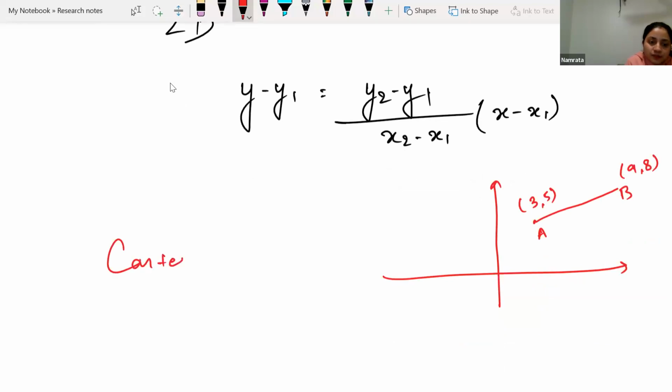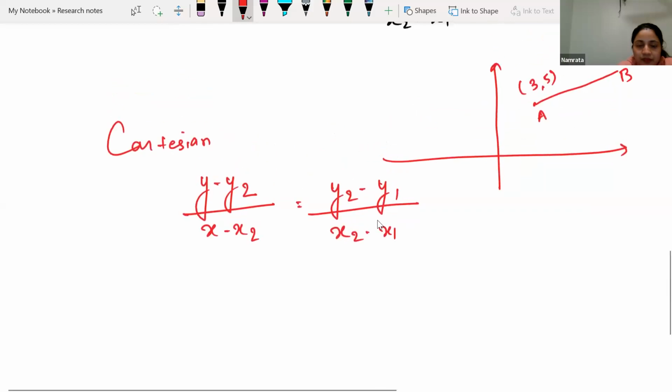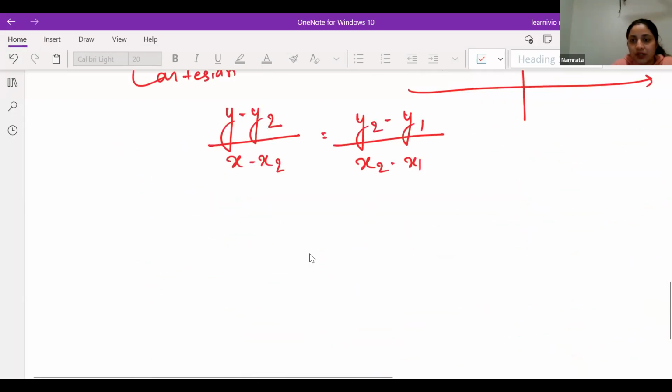It was y minus y2 over x minus x2 is equals to y2 minus y1 by x2 minus x1. Do you know this formula? Have you seen this type of formula, the upper one or maybe the lower one? Please let me know.